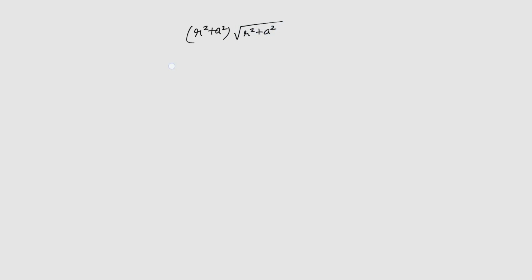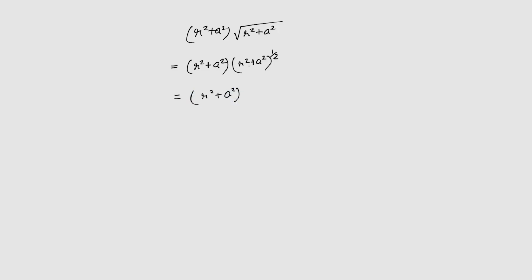If you use laws of indices, we can express the root as R square plus A square whole thing to the power 1 by 2. Since they have the same base, what do you do with the powers?